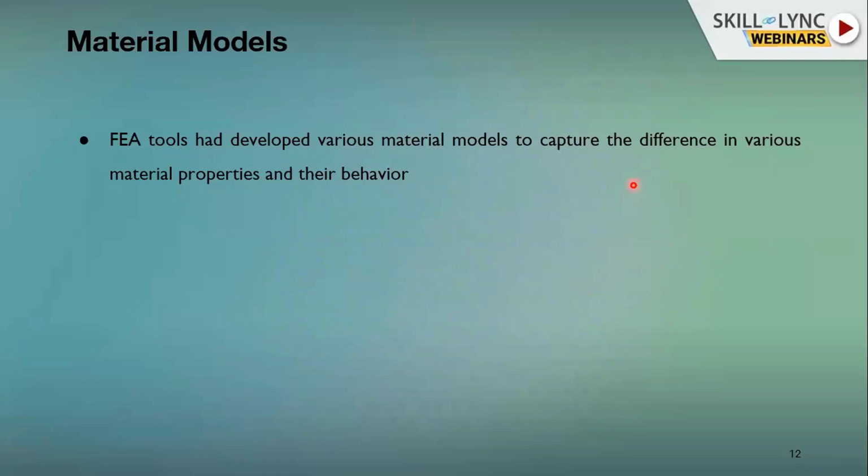So how do we simulate what happens in reality with the material when it experiences deformation? What FEA software providers did was develop the codes or mathematical models to characterize the materials as they behave in the field, so that the material model does a curve fitting and provides such characterization when we simulate nonlinear conditions.